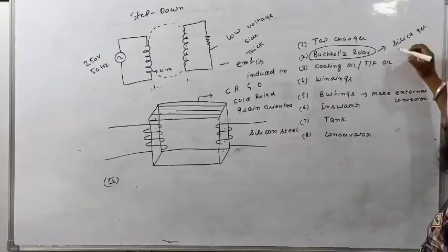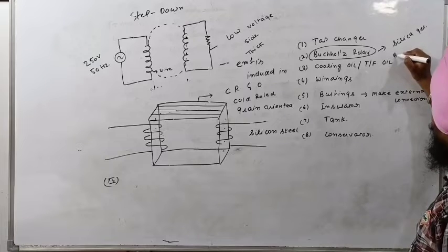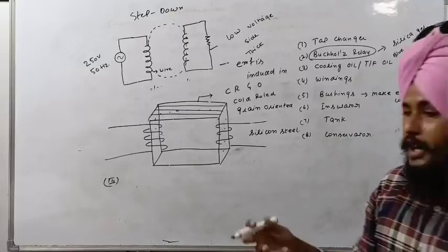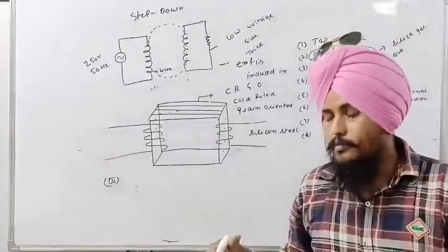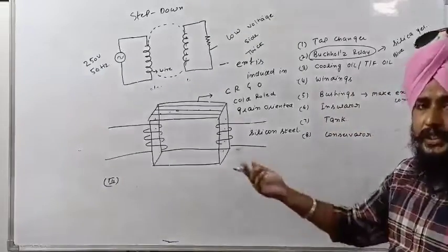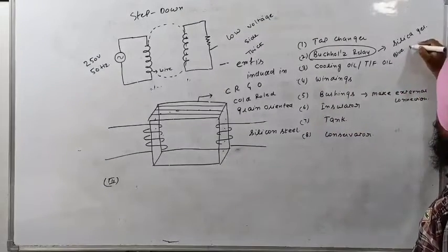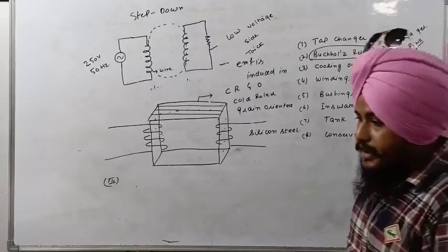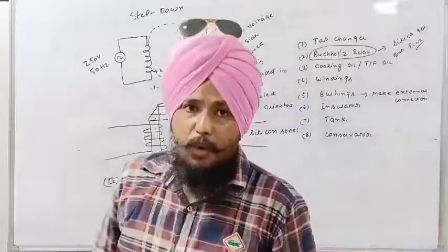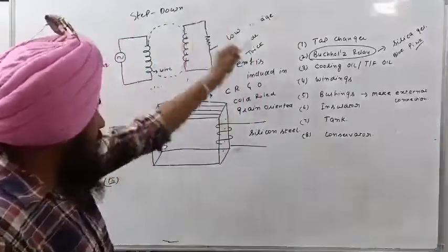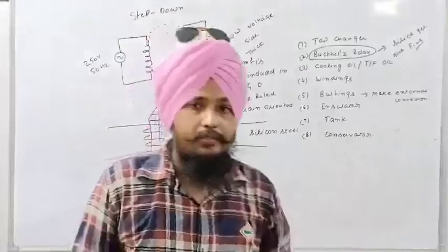In normal condition, the color of silica gel is light blue, and when it absorbs the moisture from the transformer oil, it changes to pink. The color of silica gel changes with the moisture. Okay, this is all about the transformer.